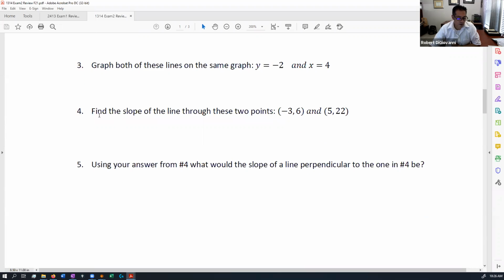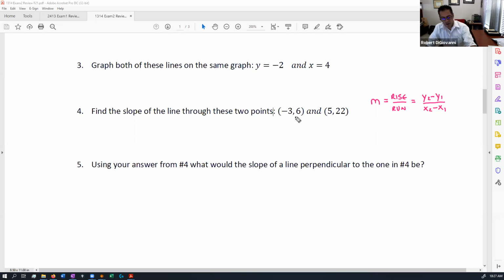Number 4, I want you to find the slope of a line through 2 points. So we didn't hit on this too hard, but it's in the review, so it means it can be on the test. You need to remember that the slope is equal to rise over run, which is equal to the difference in the 2 y coordinates divided by the difference in the 2 x coordinates.